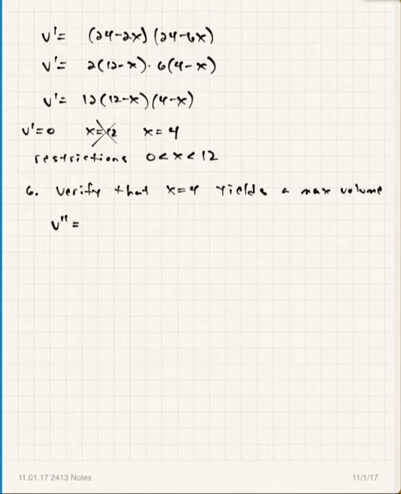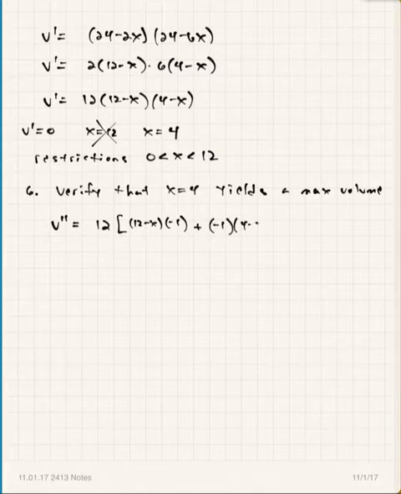But the second derivative in this problem, if you go ahead and take the derivative of the derivative, that 12 I'll just leave out there by itself. So you have the first factor, 12 minus x, times the derivative of the second factor, which is -1, plus the second factor times the derivative of the first. The derivative of the first is -1, and this is times 4 minus x. Like that.